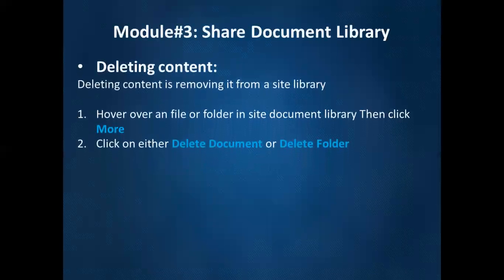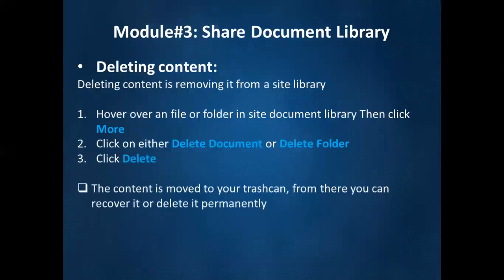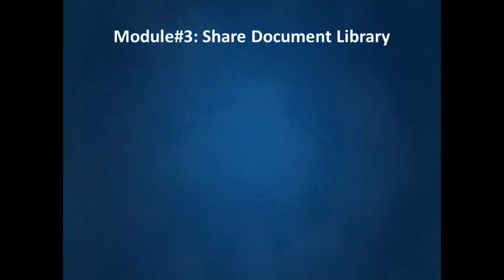Click on either delete document or delete folder. It depends on which kind of content you have. Click on delete. The content is moved to your trash can. From there, you can recover it or delete it permanently. Okay, so it's directly moved to the trash can.